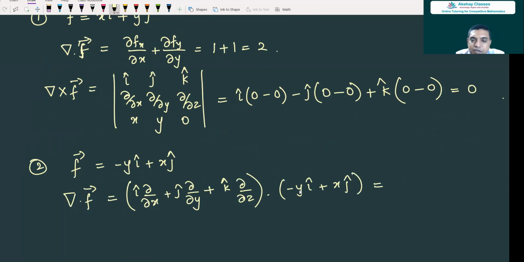So derivative of y with respect to x, partial derivative 0, 0 times i. It is a dot product, so it is a scalar. So you get minus dy by dx plus dx by dy, both are zeros. Both are independent functions.